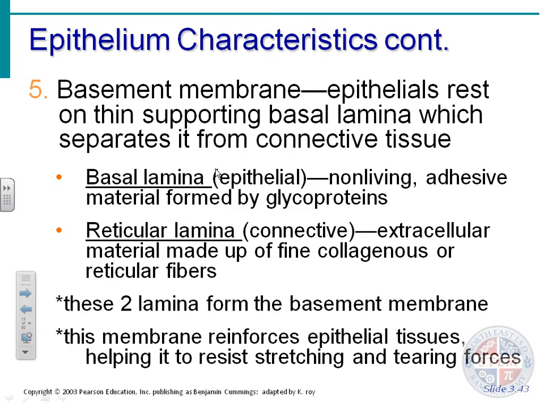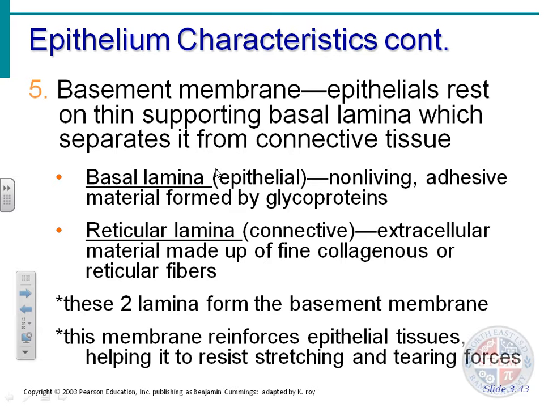It's called the basal lamina, which separates it from the connective tissue. The basal lamina, which is epithelial, is a non-living adhesive material formed by glycoproteins, and then you have the reticular lamina, which is connective tissue that connects the two together.